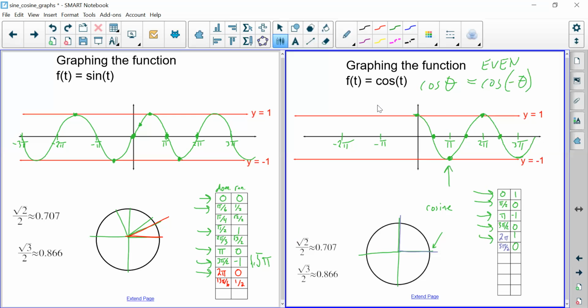Well, if I change pi to negative pi, the answer will still be negative 1. And then this ordered pair is 2 pi comma 1. If you change the domain 2 pi to negative 2 pi, the range will still be 1. So that's this ordered pair. That is a characteristic of an even function.